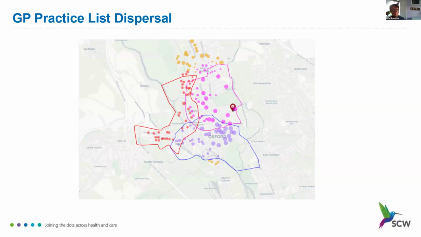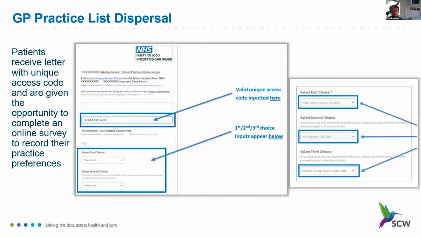So in these overlapping areas, in the middle, patients might have a choice of 1, 2, 3, maybe 4, 5, 6 different practices. We can create an online survey that goes out to patients. They put in a unique code rather than their personal details, so we're not sharing any patient identifiable information on the internet. We then give them choices, and there will be valid choices once the patient is within a boundary.